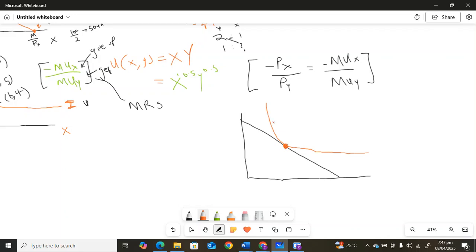So where the indifference curve and the budget constraint line meet, this bundle of good X and Y will give you the best satisfaction with your limited budget, and that's why it is represented like this.